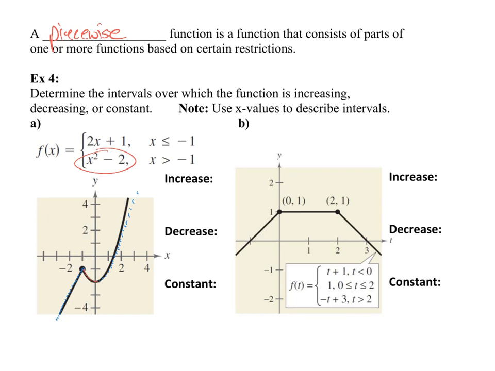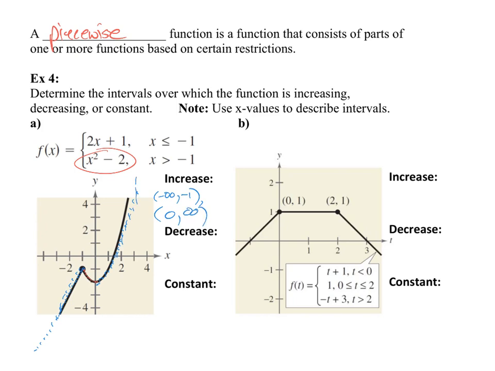Whenever you're thinking about increasing, decreasing or constant, you're looking at the x values. So here, all my x values go from -infinity, and then it stops where? It stops at -1. And where else does it increase? It starts at 0, and then it goes to infinity.